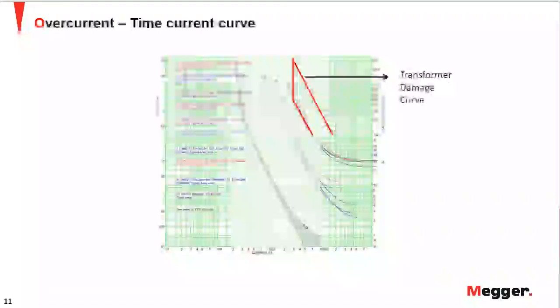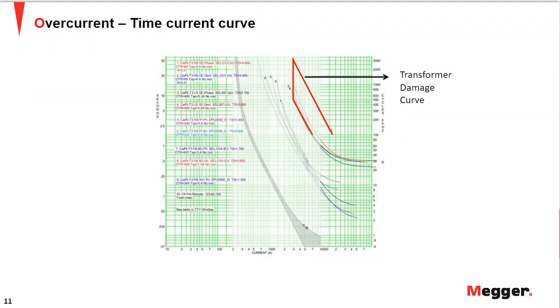So here is a time current curve. We have current on the x-axis and time on the y-axis. Basically, these are time current curves of different relays that are listed in this TCC. This is just a generic TCC that I wanted to use for explanation. And here you see there is a transformer damage curve. Anytime you want to protect the transformer, your time current curve will be underneath this damage curve.